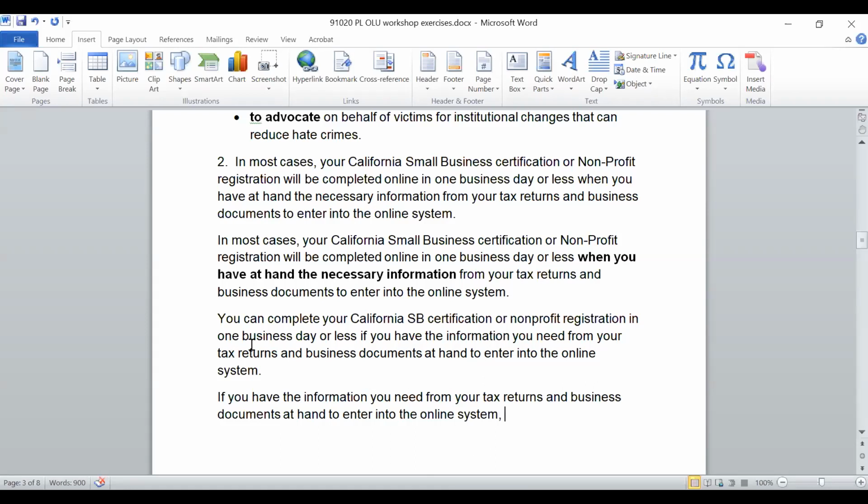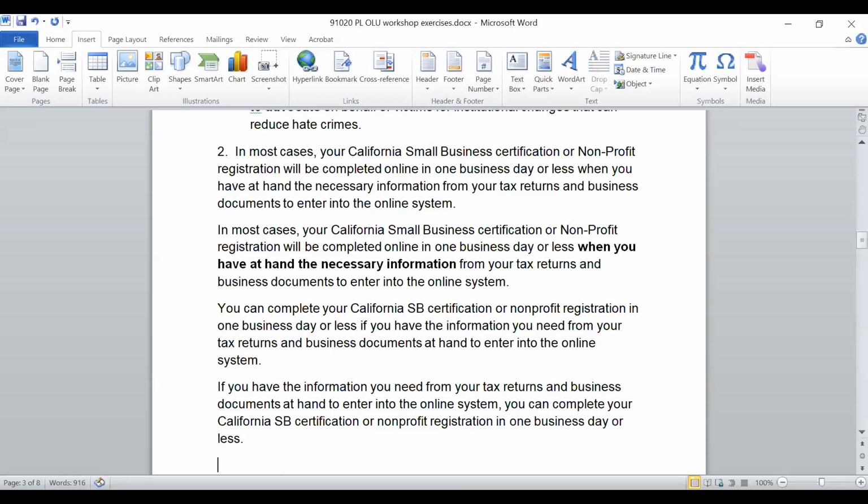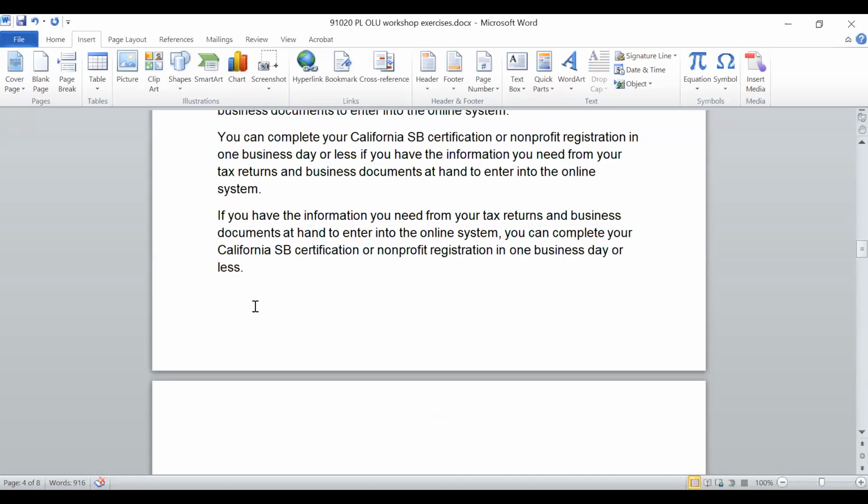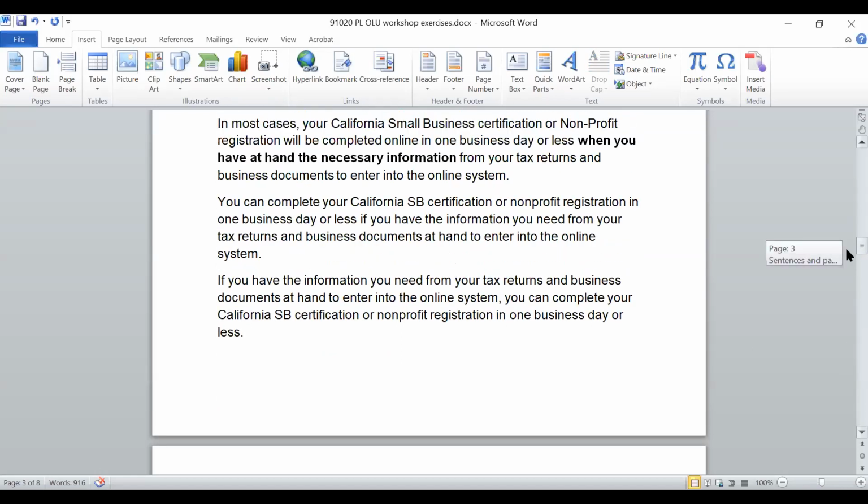If you have the information you need, I think I would be more tempted to go with the second one. If you have the information you need, you can complete, because it's like a pre-existing condition. If you have the information you need, 1 business day.